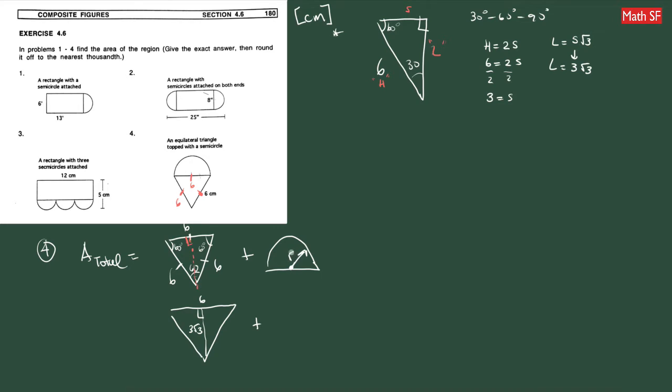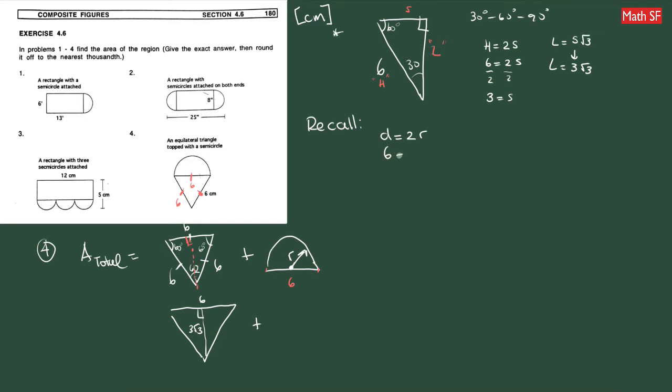We still need to find the radius. So let's look carefully at this circle here. Actually, this part here is 6. All of this is 6. The diameter is 6. And recall that the diameter is equal to twice the radius.